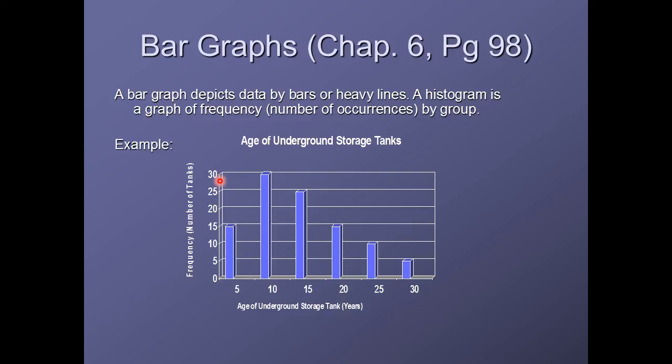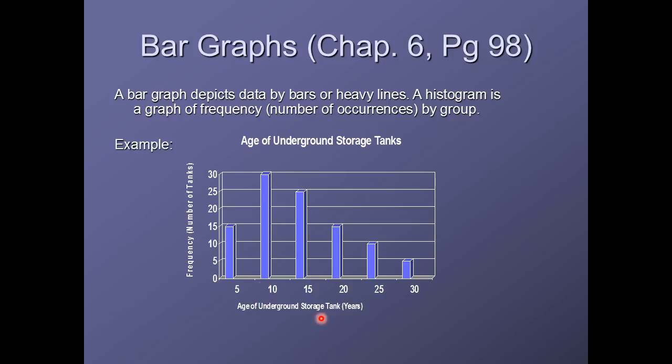Let's say for an example, for a specific location in Shelby County, we are just trying to see how many tanks we have with different ages. If you look at these graphs, what do you notice here? You notice that most of the storage tanks you have are of age 10, right? Because this is the tallest bar, right?